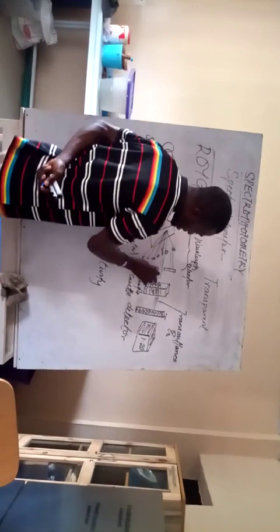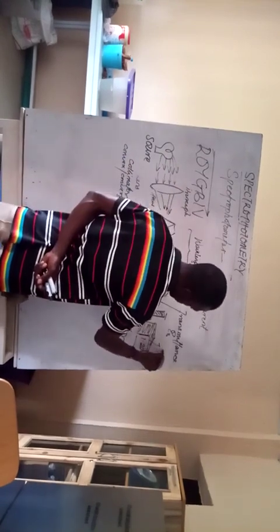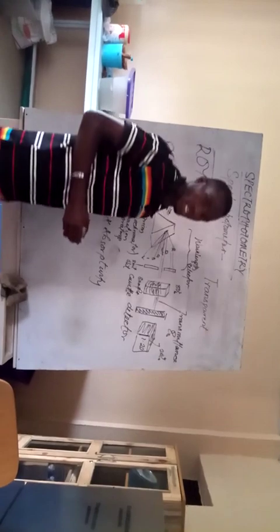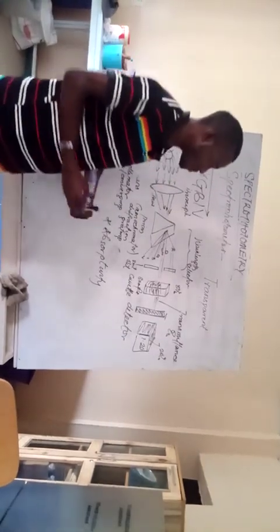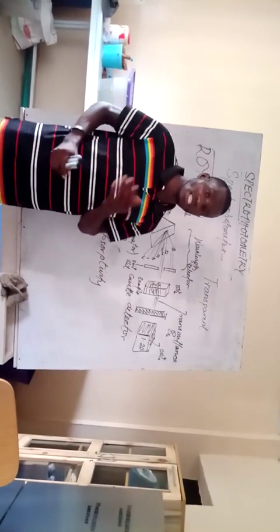So if 100% of light hits this sample, and it absorbs 80% of the light, the transmittance here is going to record 20%. So transmittance is basically the measure of the amount of light that is reaching the detector. All right, so that is basically the principle of spectrophotometry.